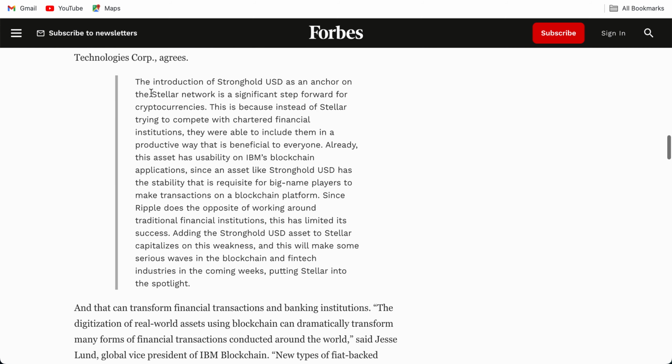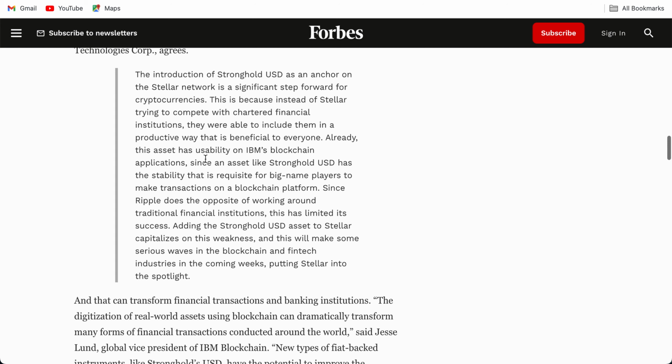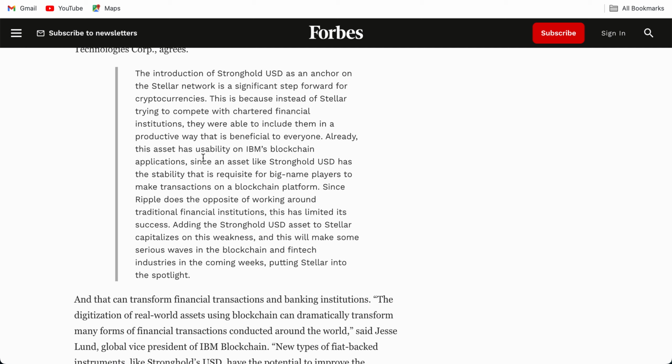So you guys can see the introduction of Stronghold USD as an anchor on the Stellar network is a significant step forward for crypto. This is because instead of Stellar trying to compete with chartered financial institutions, they were able to include them in a productive way that is beneficial to everyone. Already this asset has usability on IBM's blockchain applications, since an asset like Stronghold USD has the stability that is requisite for big name players to make transactions on a blockchain platform.